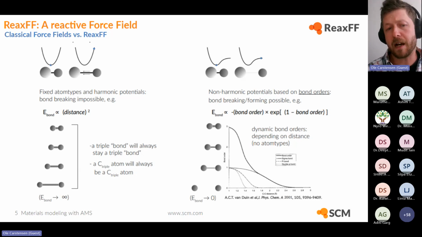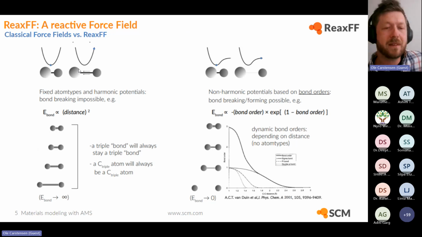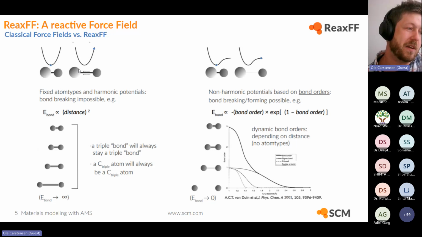And of course, these are highly parameterized models. So for every sort of bond, we basically need to provide parameters. And in these classical models, what you typically do is you have a harmonic potential. And if you just take a look at the top left here, you see a sketch of what that means. What that means is that there is no asymptote.